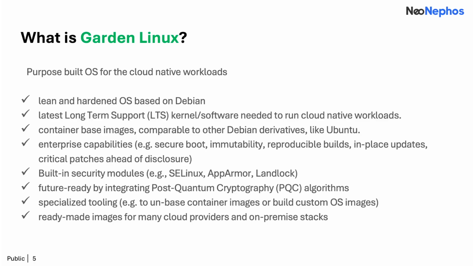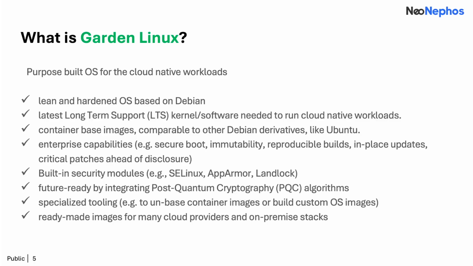It's not up to date all the time because it's, as far as I know, built by some Google engineers, which only switch to distroless when there's a new stable release of Debian, which is roughly there every 1.5 years. So therefore, the distroless stuff is a little bit outdated, and for that, Garden Linux also provides container-based images.